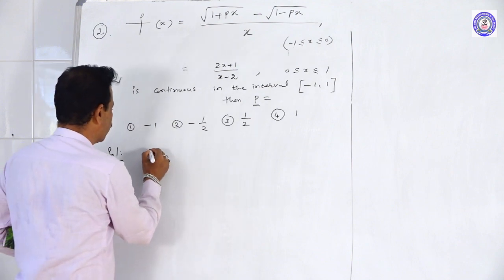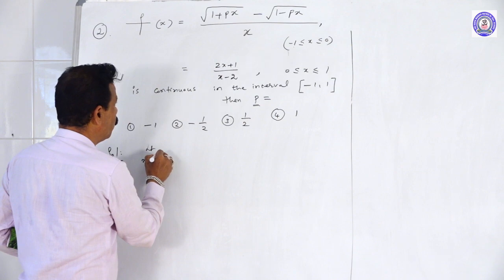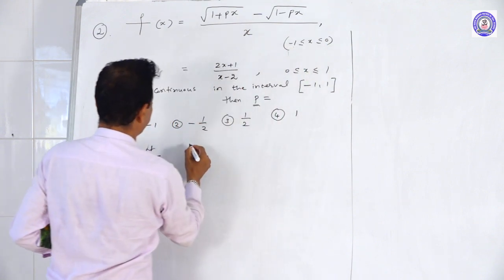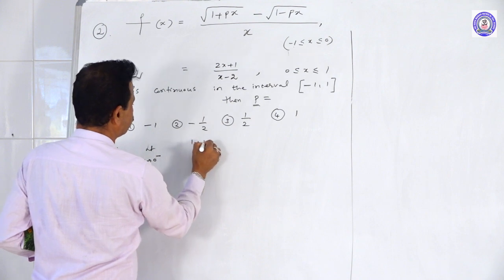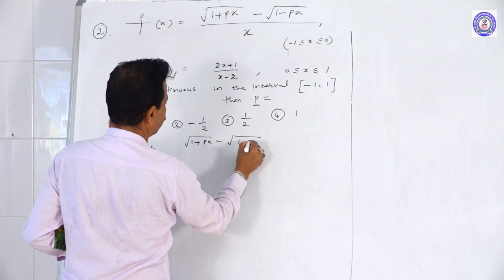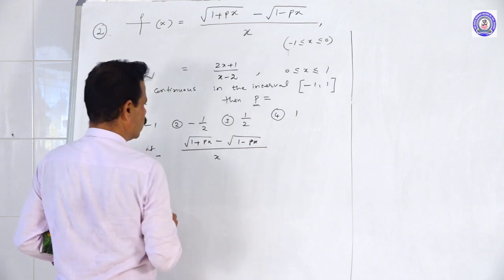So here, the first function: limit x tends to 0 minus. 0 minus means values below 0, this function: (root of 1 plus px minus root of 1 minus px), divided by x.